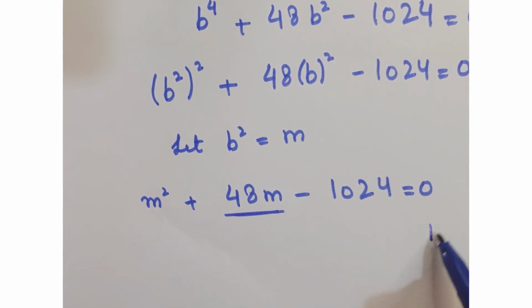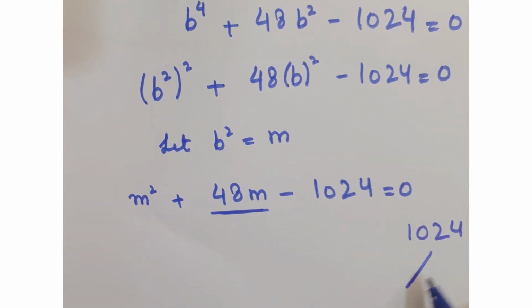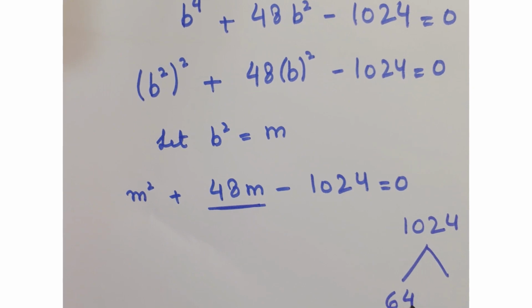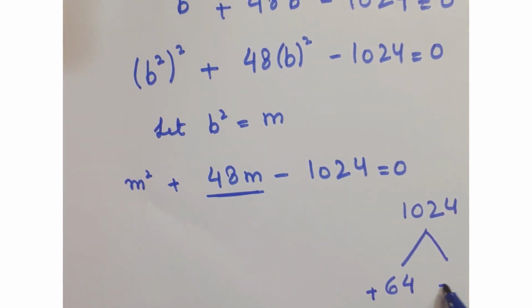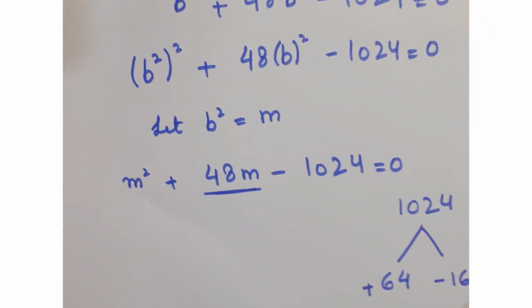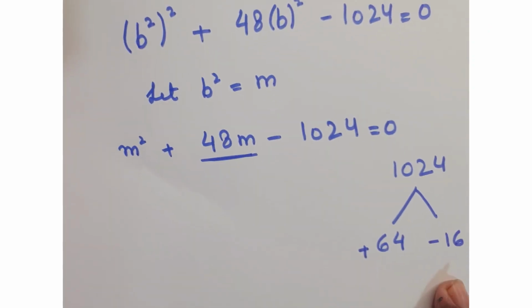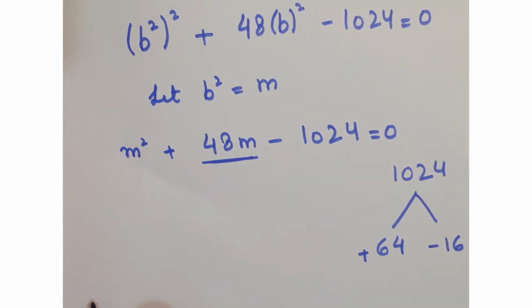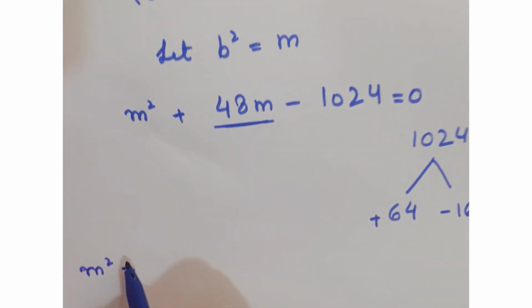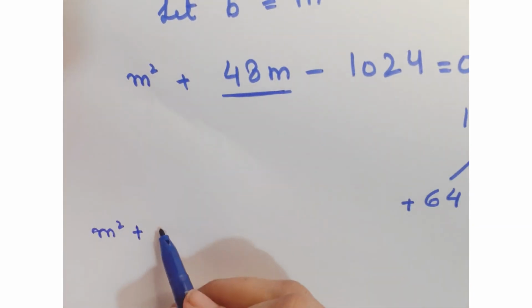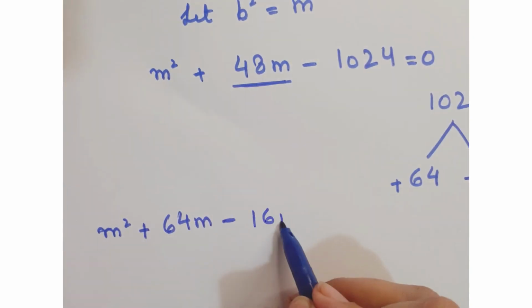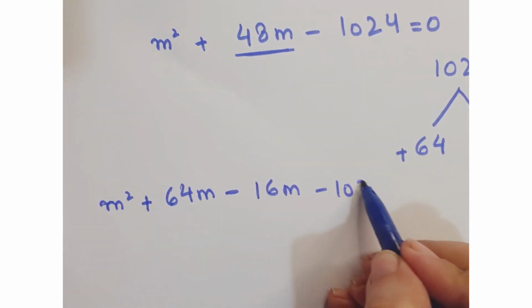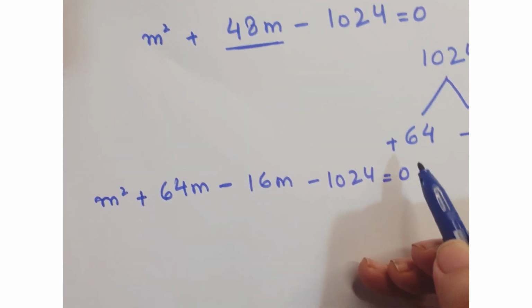You can find its factors by breaking the middle term. The factors of 1024 that we are going to use here are plus 64 and minus 16. Adding them you get 48m, and multiplying you get minus 1024. So this is m square plus 64m minus 16m minus 1024 is equal to 0.